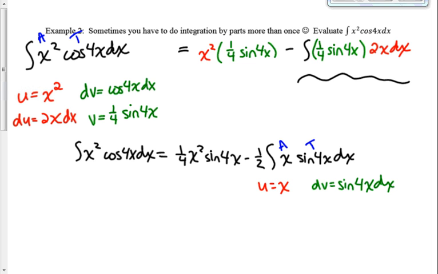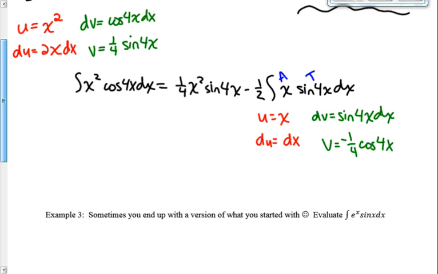So I find my du, and the derivative of x is just 1 dx, and the antiderivative of sine is cosine of 4x. It's actually negative cosine, and then again the derivative of the inside is 4, so I need a 1/4 on the outside. My plus c I will deal with soon.